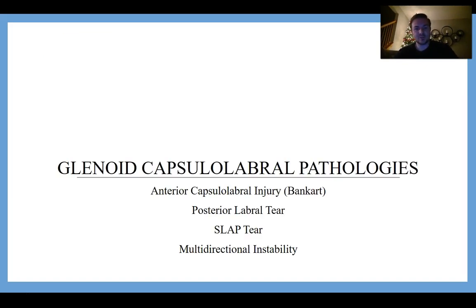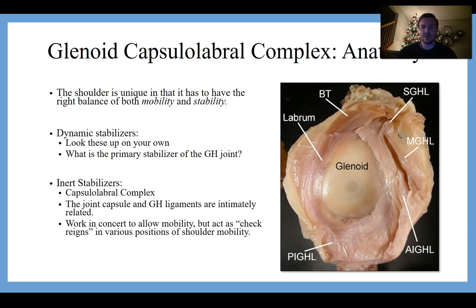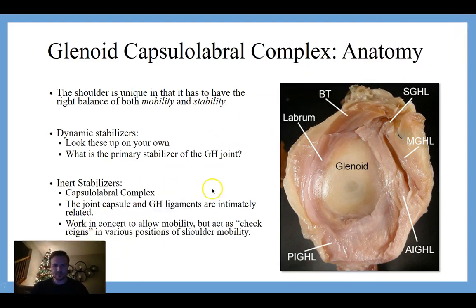So glenoid capsulolabral pathologies. The first one here is anterior capsulolabral injury, aka a Bankart injury. I think it's important that we review real quick the anatomy of the capsulolabral complex. As you can see here, you have the face of the glenoid, and then you have the labrum, which surrounds that, as you guys know, and then you have these different projections that come off, which are your ligaments.